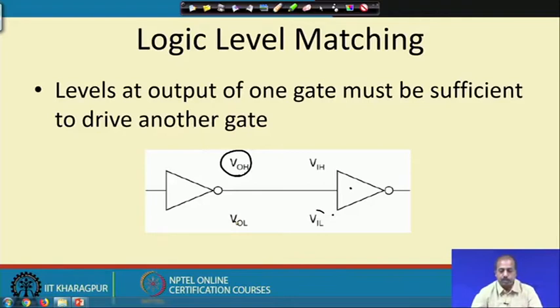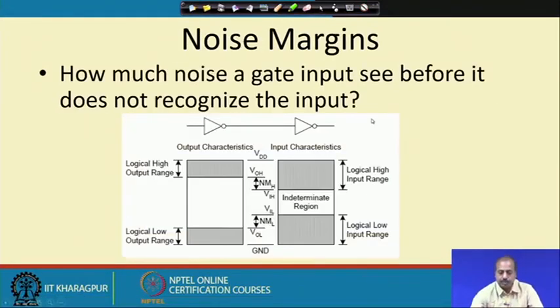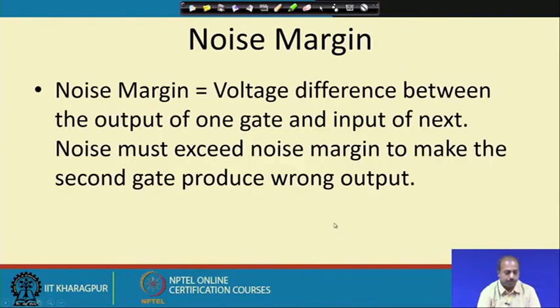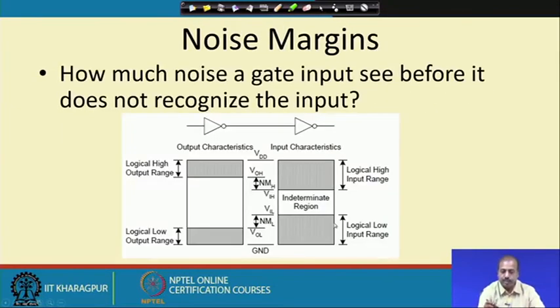This is explained in the diagram here. For the second gate, this is the situation. It takes from ground to this voltage level as the logic low input range. That is the VIL.